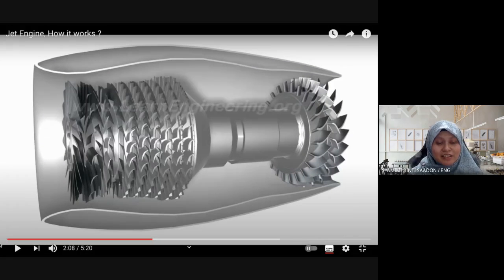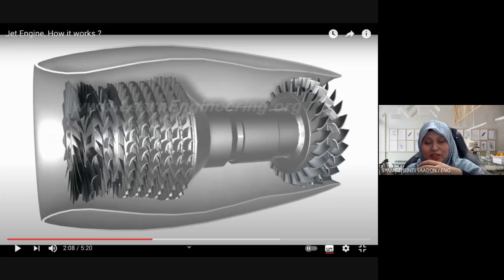Okay, and then we already have the compressor, so the fluid will compress and we will get high pressure. The pressure of the fluid will increase because of the compression, and the temperature increases because of the combustion. And then why do we need a turbine?